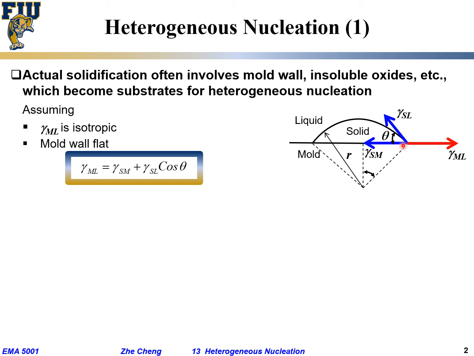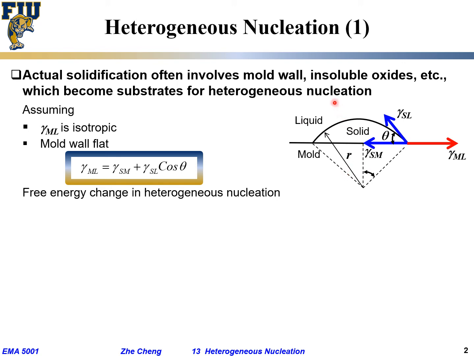Okay? And then the so-called free energy change. We are considering nucleation, the free energy change in heterogeneous nucleation. Initially, before the formation of this solid semi-sphere cap nucleus, it's just the liquid and the mold.